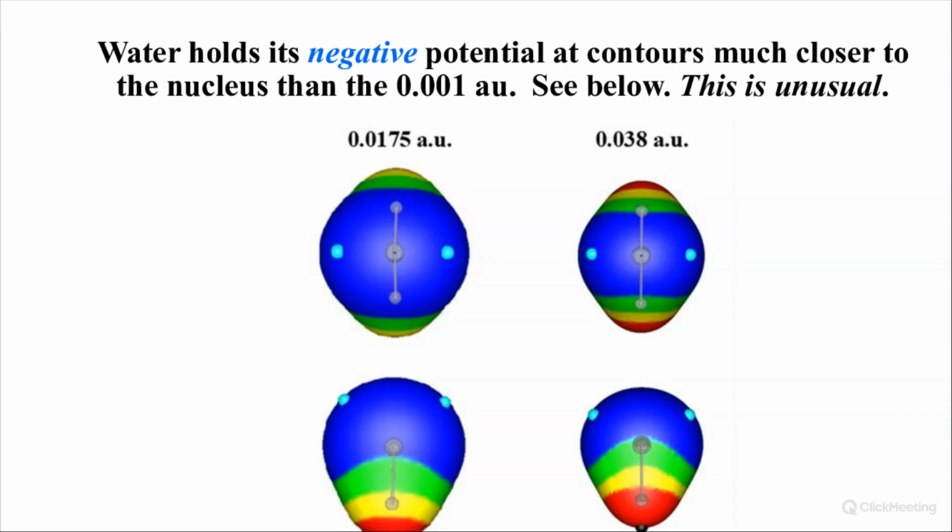And then here's another view. And this is 0.038, but I'm able to keep that negative potential, and this is not the case. You saw what happened with the diethyl disulfide and other molecules. As you go closer in, you lose the negative potential.